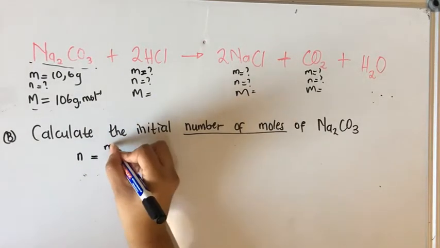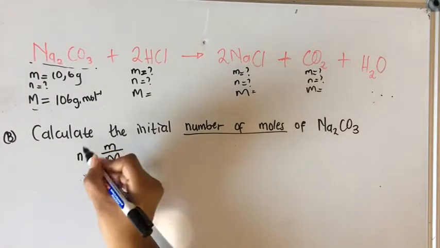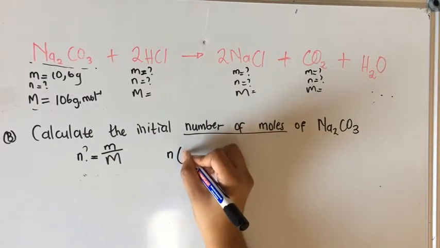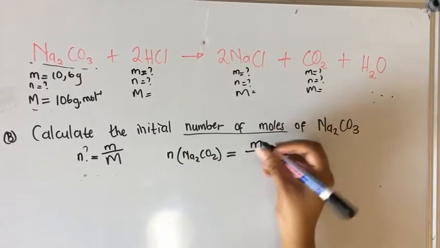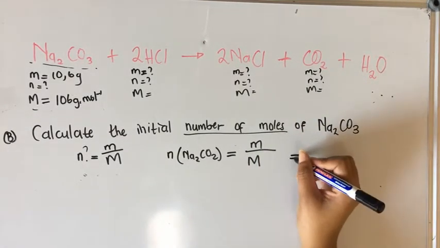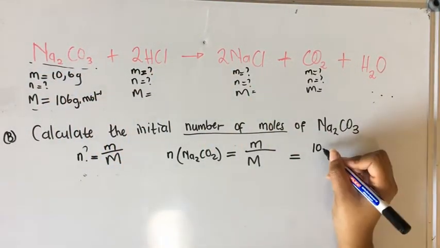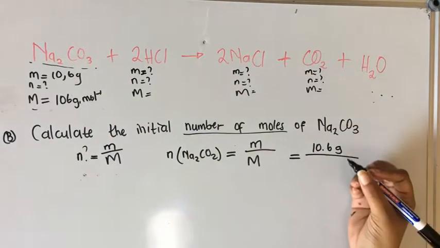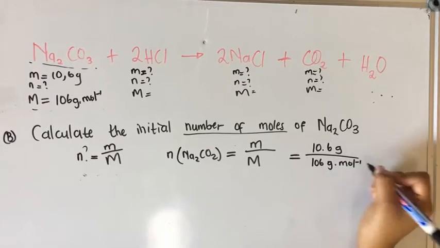n is equals to mass over molar mass, right? Okay, so sifuna ama number of moles. So number of moles of sodium carbonate is equals to mass over molar mass. Imass yethu sinikeziwe u-10.6 grams divide nge-molar mass isiqeda ukuyicalculator, 106 grams per mole.